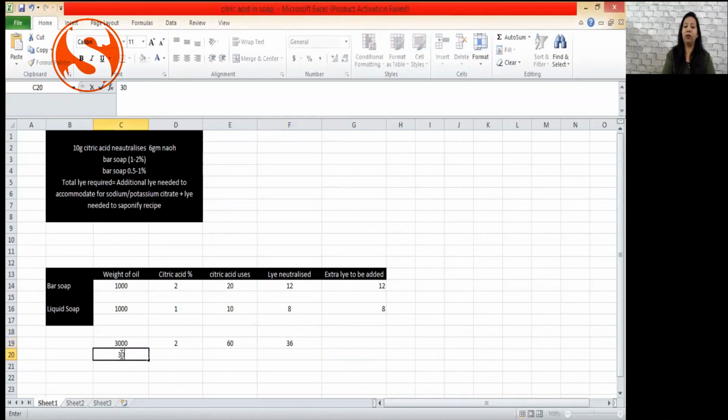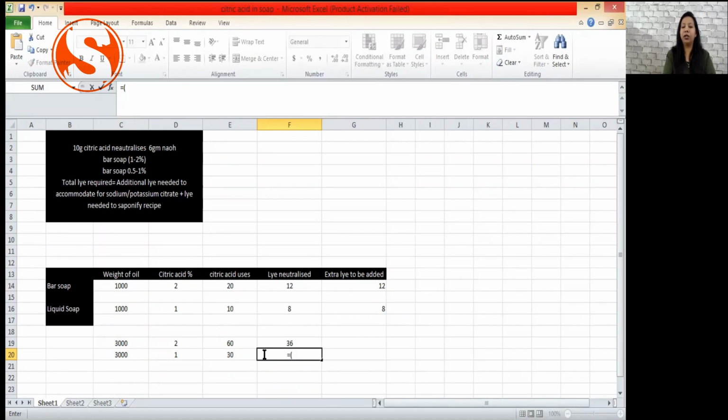If I do the same thing for potassium hydroxide, here I'm taking 1%, which is 3000 into 0.01, or 1 by 100. Just for beginners or someone who needs help with the calculation, I'm making it very simple. Again, however much lye is being neutralized, you need to add the same amount of lye.